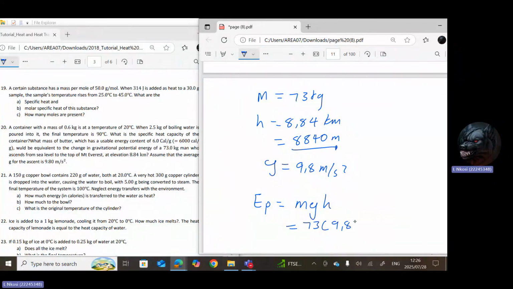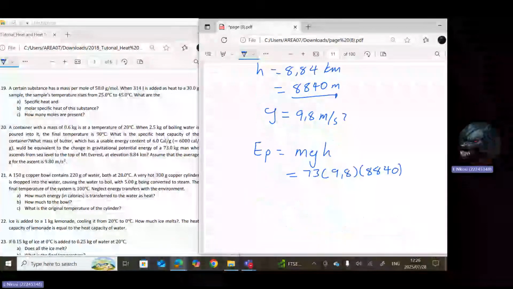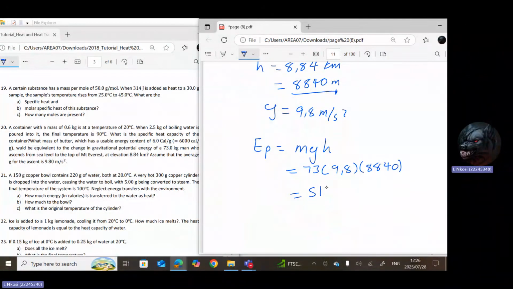times 9.8 times 8,840. So the potential energy, I want to know, is 516,256,000 joules.